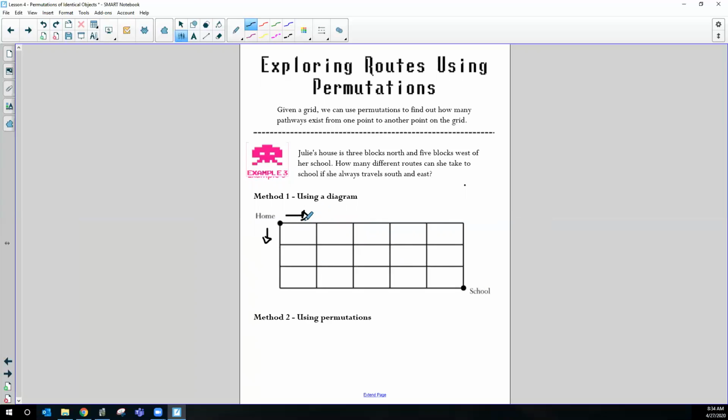So how we do this, we're going to use numbers. To go from this point to this point, there's one way. To go from this point to this point, there's one way. So if I were to choose 2 routes here, I could go from here to here. That's one way of getting there. And then I could also go from here to here.